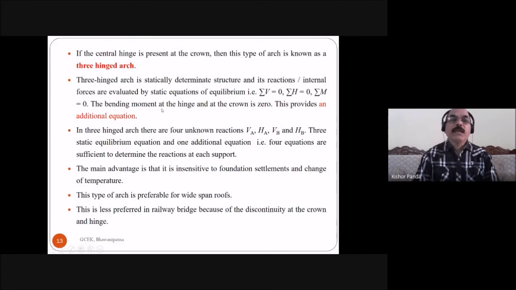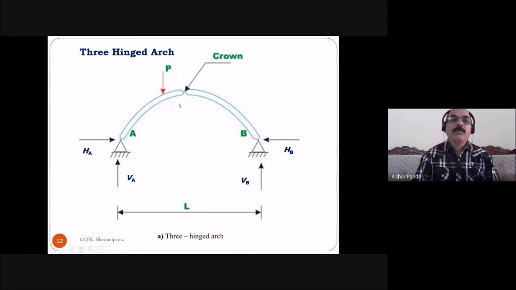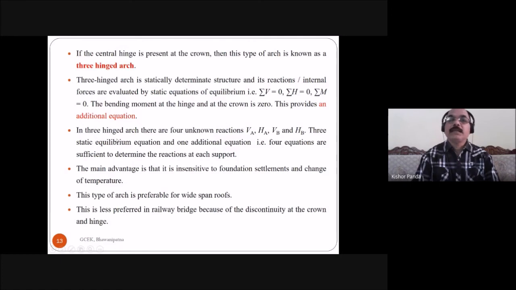The bending moment at the hinge and at the crown is 0, so this provides an additional equation. So 3 static equilibrium equations, and this is the 4th equation.